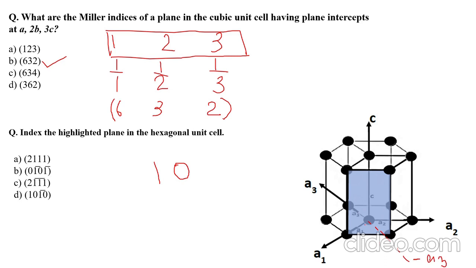So you have a minus 1 intercept in the third direction. And along the C direction there is again no intercept because it is parallel to the C axis, so it will be 0. So our plane we can index as 1 0 1 bar 0. So this is our plane, and the right option will be D. Is it clear?